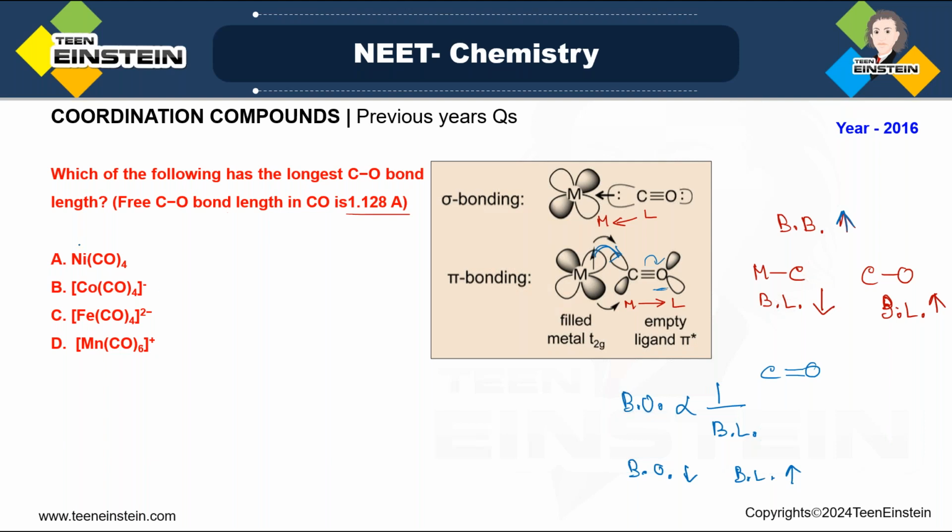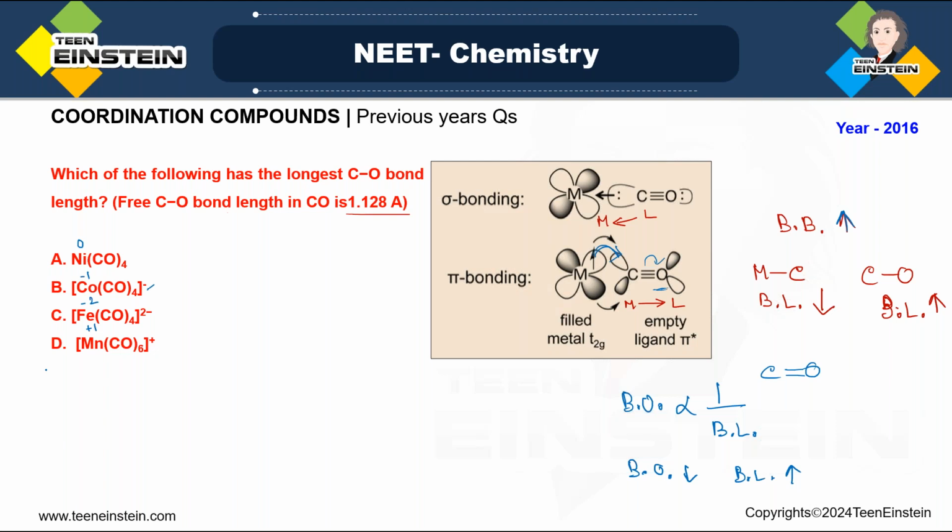Now look at the options. Here nickel is 0 because carbonyls are neutral. Negative charge means here oxidation state is -1, here -2, here +1. Now comparing the oxidation state, in which case the most negative charge density is present? It is obviously the iron, because we have two negative charges.